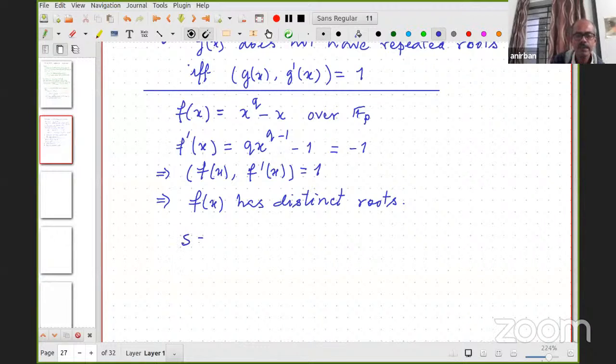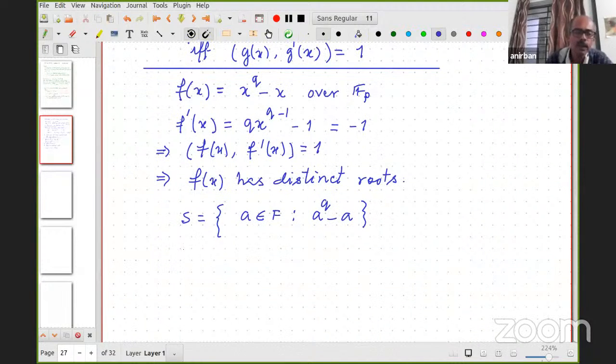So if I take the set of all the roots of this polynomial, S is the set of elements a of the splitting field F such that a to the q minus a is 0. F is the splitting field of this polynomial, so it has all the roots, and I'm just collecting the roots. So these are all the elements of F which satisfy this.